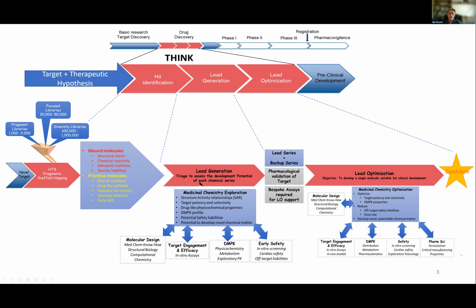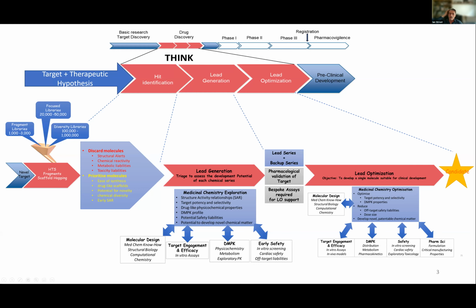This stage is about triaging the chemistry that comes out of the first stage to find those chemical scaffolds that have the best development potential. The last stage is called lead optimization, where you try to bring everything together, both the chemistry and the biology, into a single molecule, which forms the investigational drug that will go into clinical trials, known as a clinical candidate.